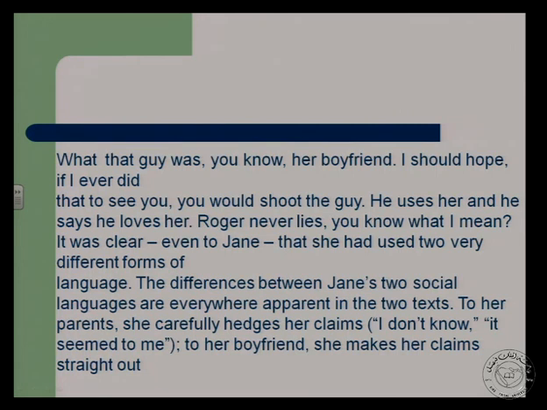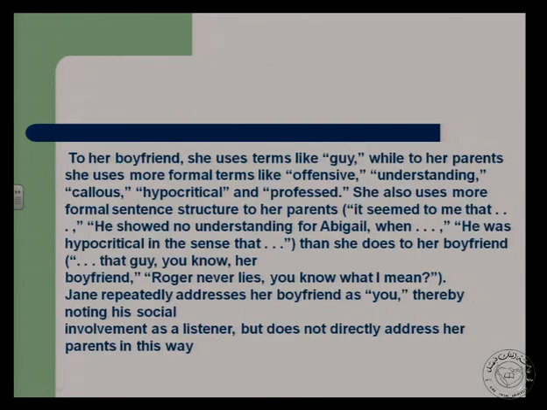The language used with her boyfriend, let me say in an informal context, differs from the language used with her father and mother. To her parents, she carefully hedges her claims. She used "I don't know" and "It seemed to me." To her boyfriend, she makes her claims straight out.